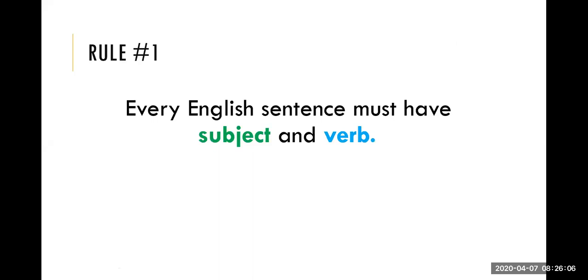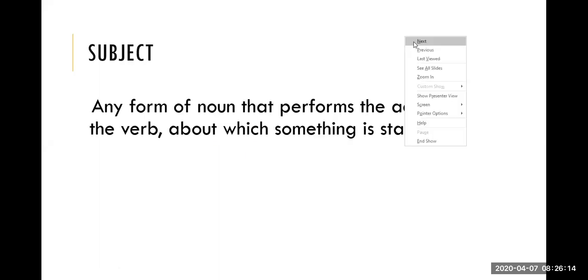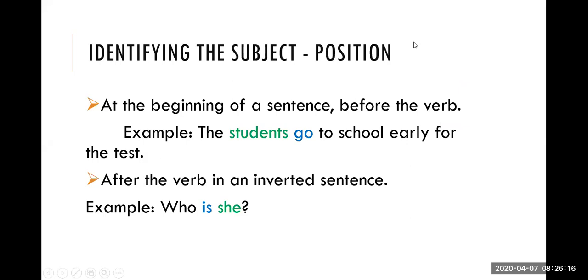Where do we usually put the subject? The subject usually comes before the verb at the beginning of the sentence. But there are some structures in which the subject comes after the verb. For example, when we form a question, like, who is she?